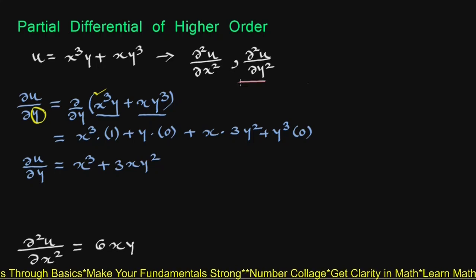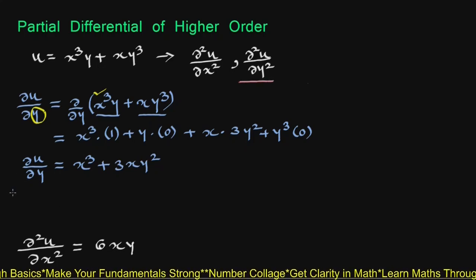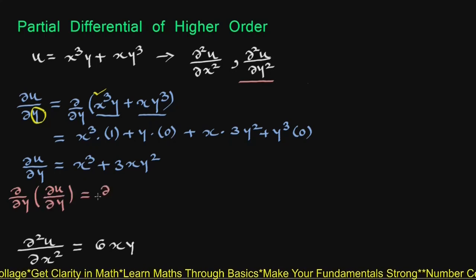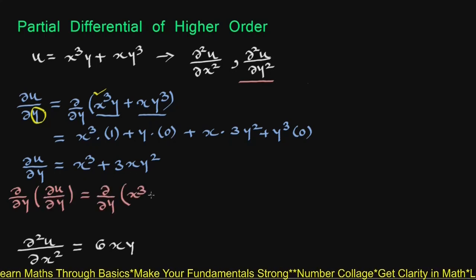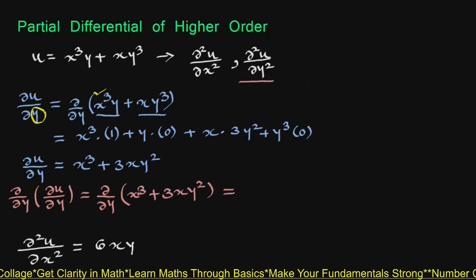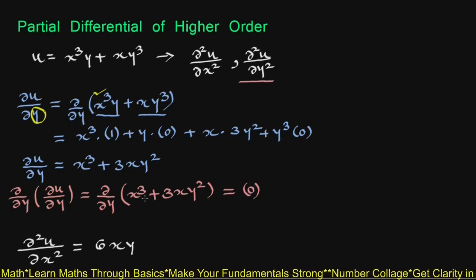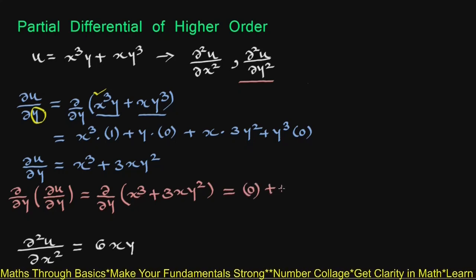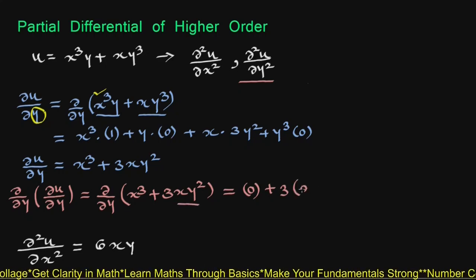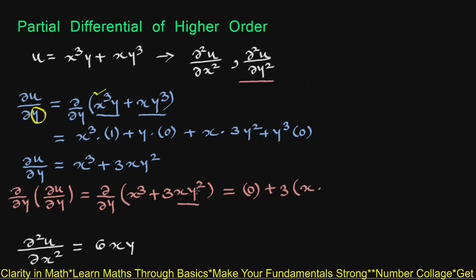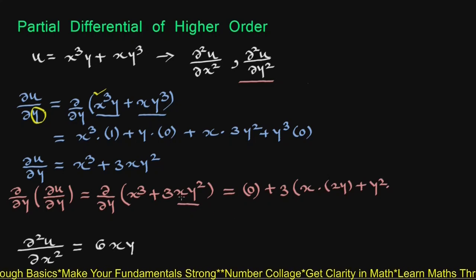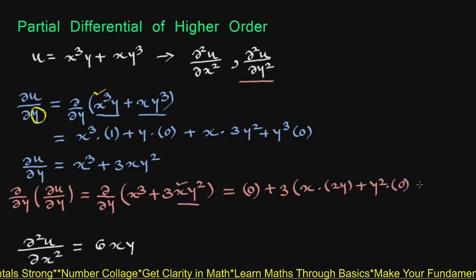Next we have to find ∂²u/∂y². So ∂/∂y of ∂u/∂y will be ∂/∂y of this x cube plus 3xy square, which is ∂/∂y of x cube will be 0, because x is to be treated as constant, plus 3, and again we have to use product rule for xy square, so that will be x into ∂/∂y of y square will be 2y plus y square into ∂/∂y of this x will be 0 again.